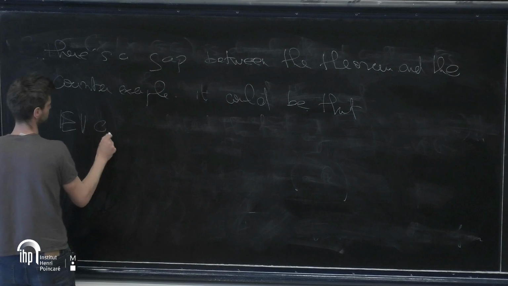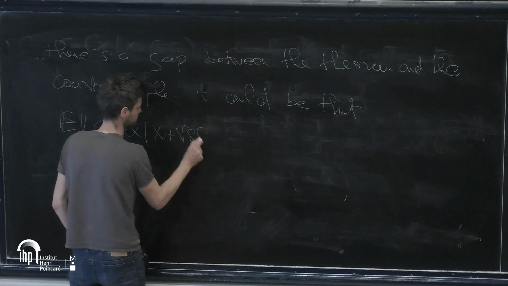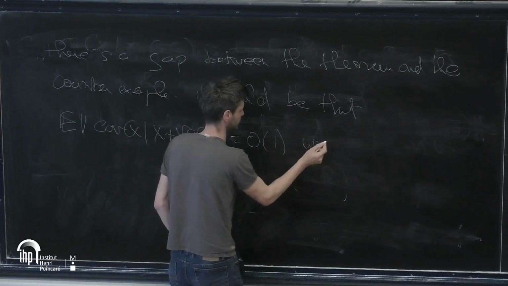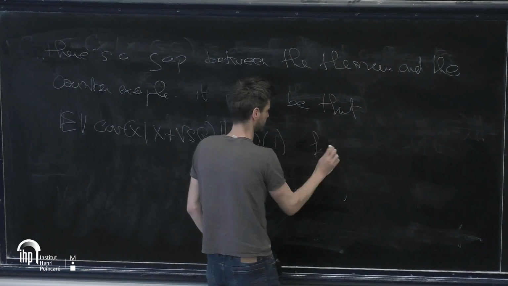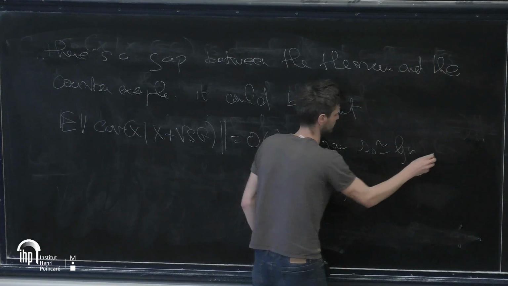E condition on x plus square root s g is O(1) up from s not equals log n on.